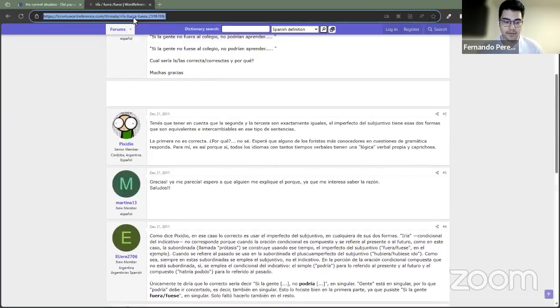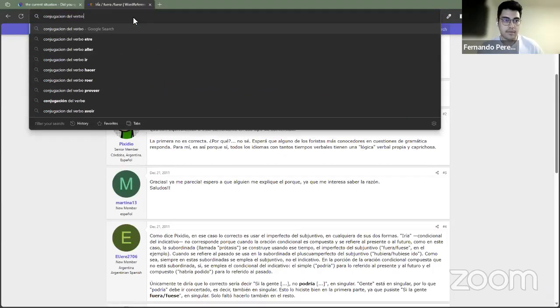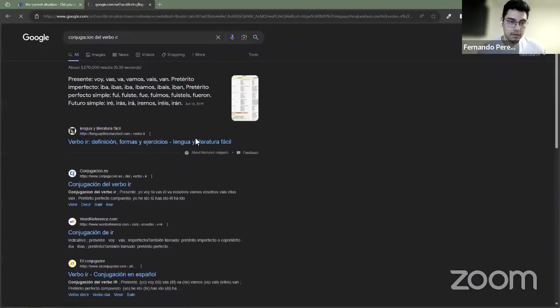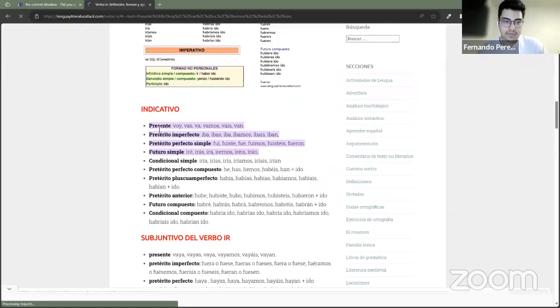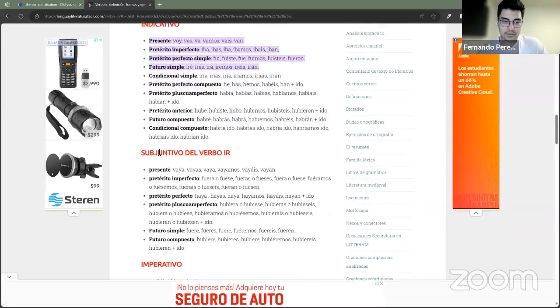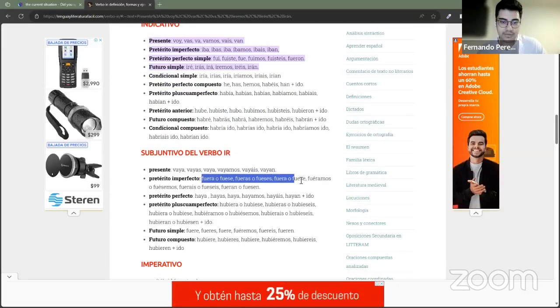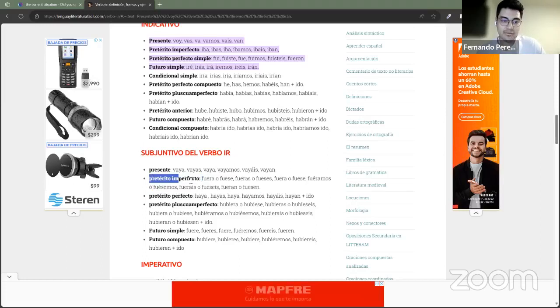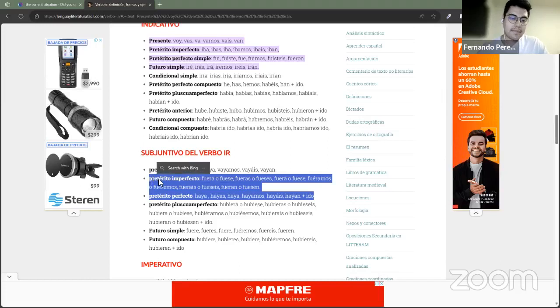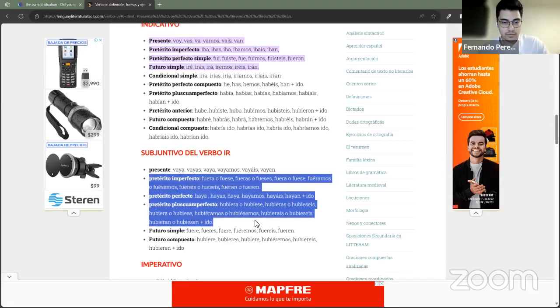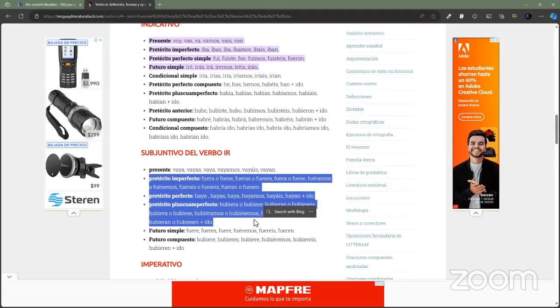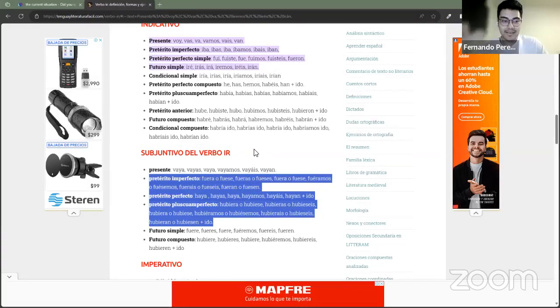Es conjugación del verbo. Aquí están los subjuntivos: fuera, fuese, fueras, fueses, fuéramos, fuésemos. Este es pretérito imperfecto. Quiero que vean que en español hay más familias de pasados, pero en inglés, ¿cuántos tenemos? Es pasado y pasado participio. Nada más. Son los únicos dos que tenemos.